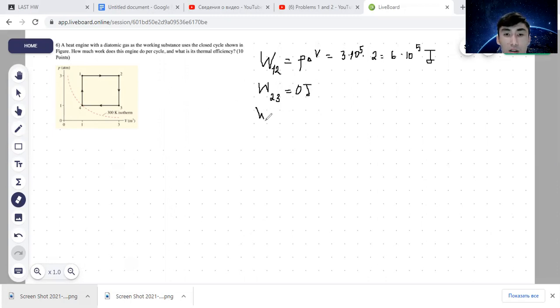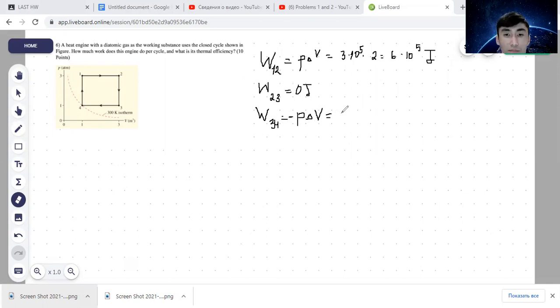The next, 3 to 4, is also P delta V, but here it will be negative. Why? Because work is done on the gas, and the volume is decreasing.